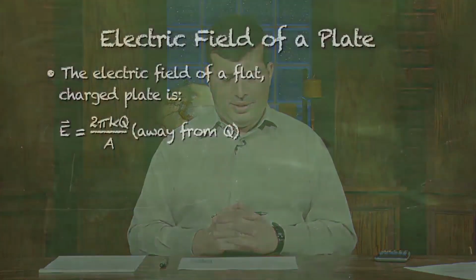But what if we had a large flat charge? In that case, we get a constant electric field. Let's look at the equation for that.